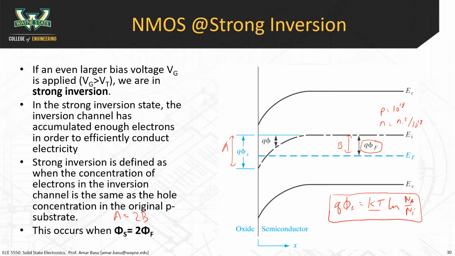Strong inversion is when n is now equal to 10 to the 18th, and then p is equal to Ni squared over 10 to the 18th.